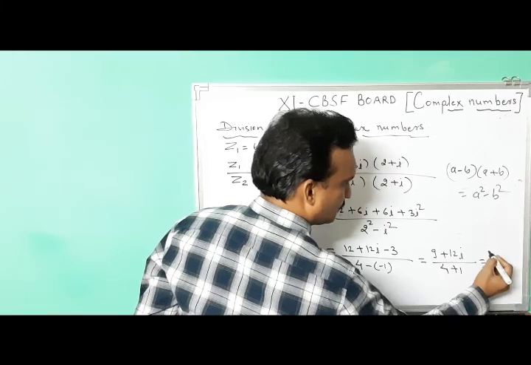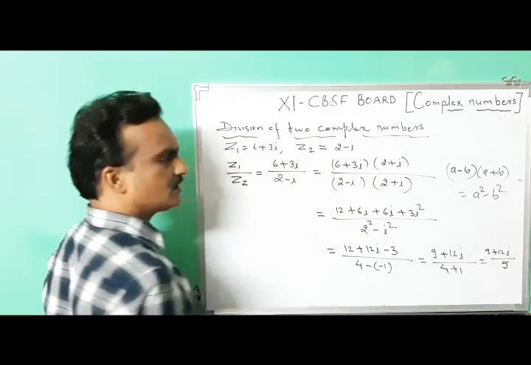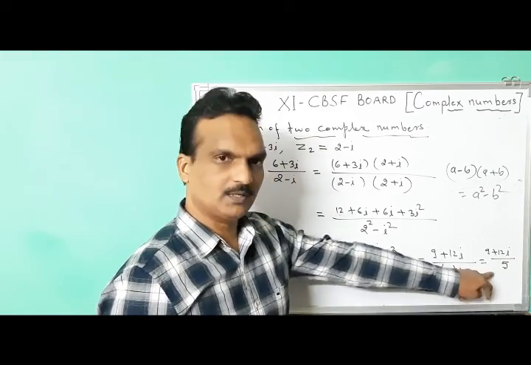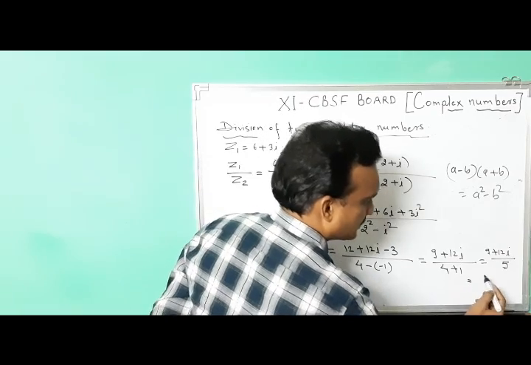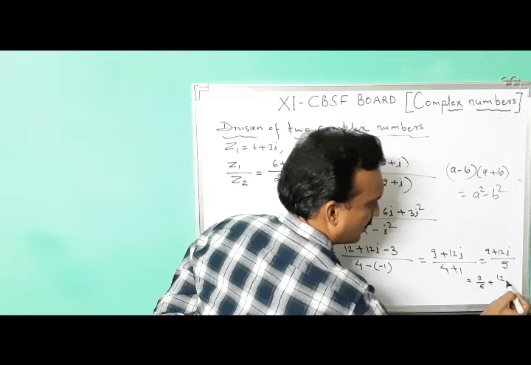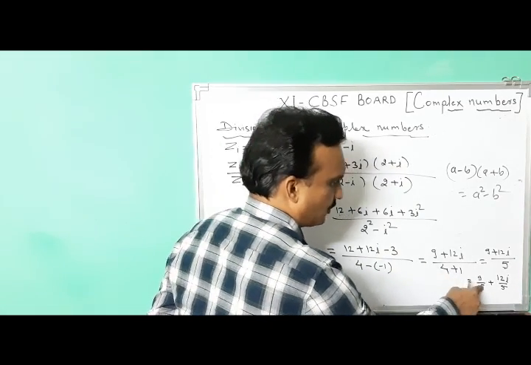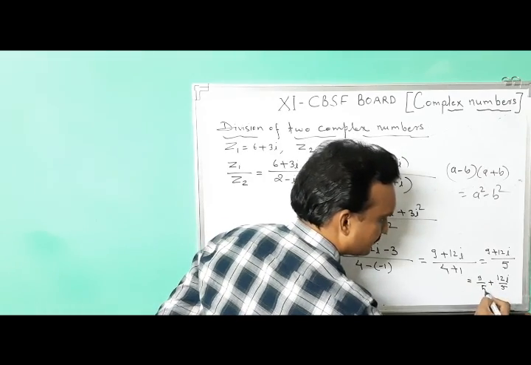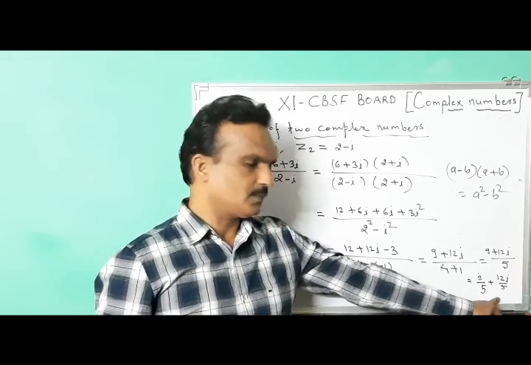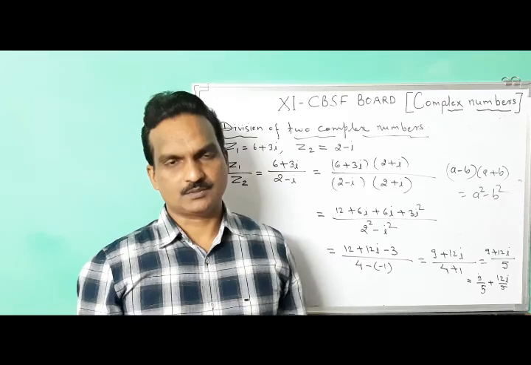So this is equal to 9 plus 12i upon 5. This is the answer. You can write it like this: 9 upon 5 plus 12i upon 5, which is a complex number. So when you divide two complex numbers, the answer is also a complex number.